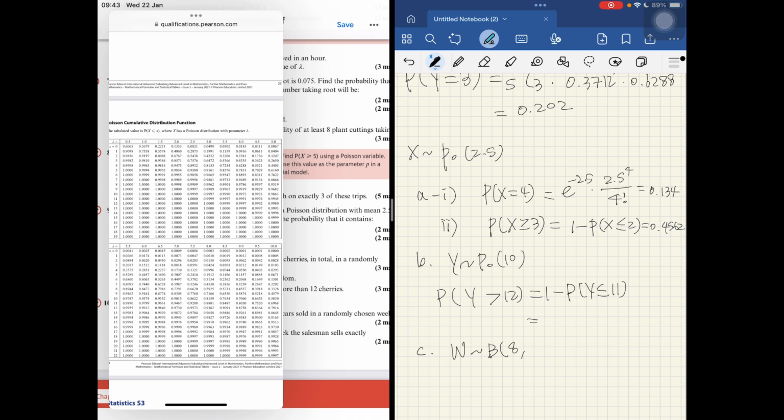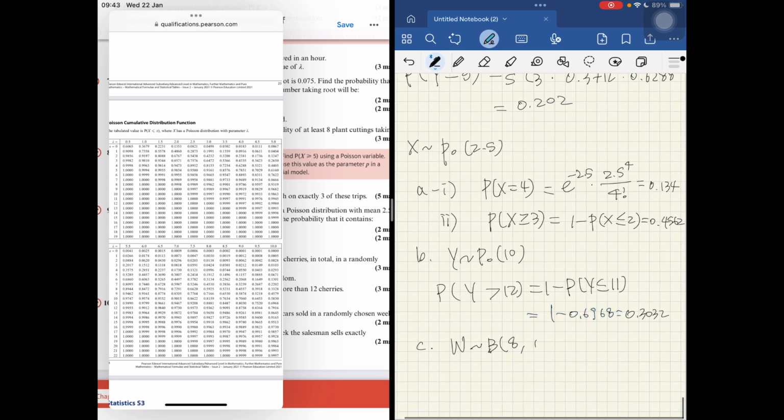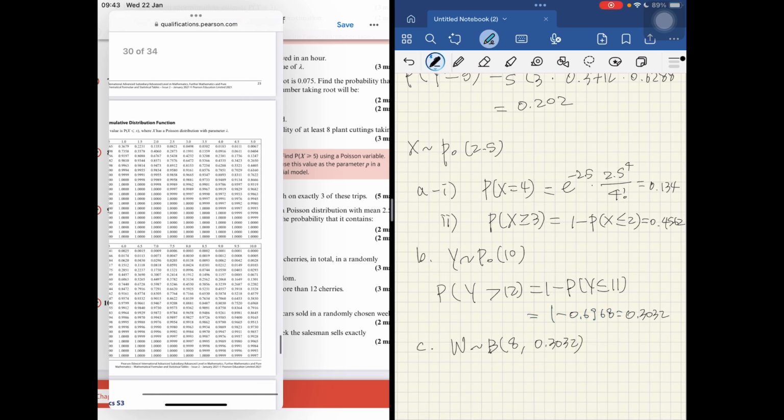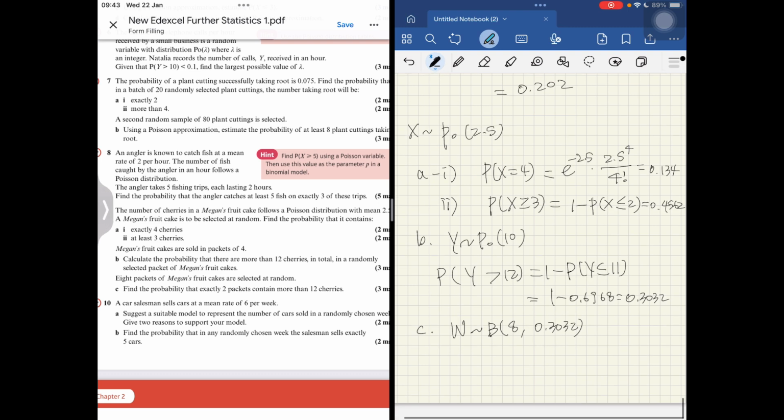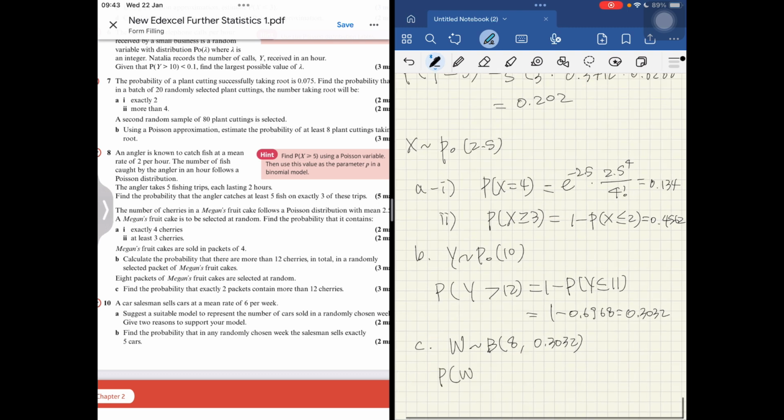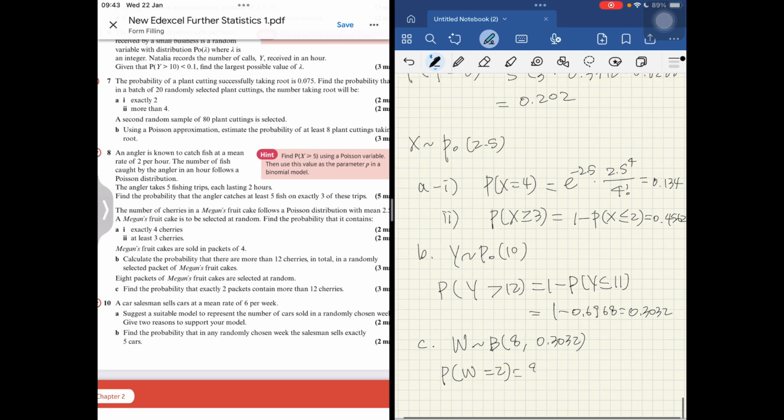Here it is 0.6968. So 1 minus 0.6968 is 0.3032. So now what we want to know is exactly 2 packets. So W becomes 2.